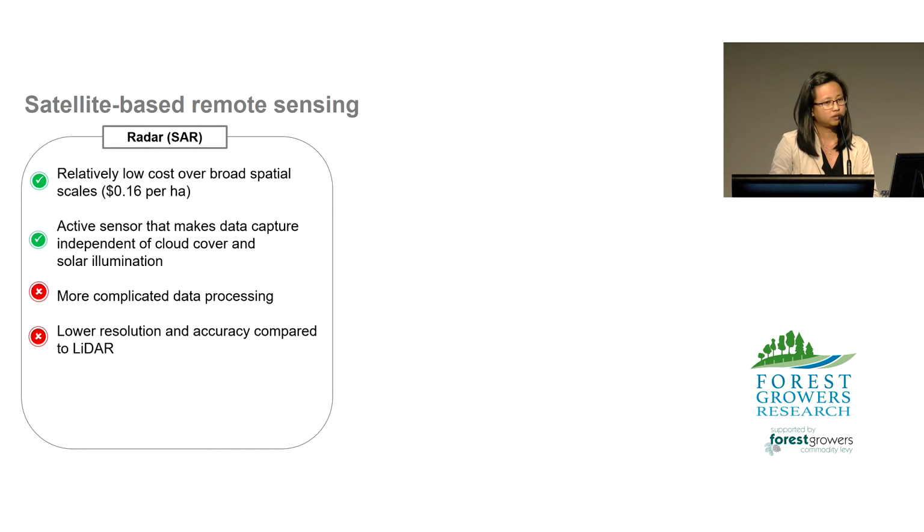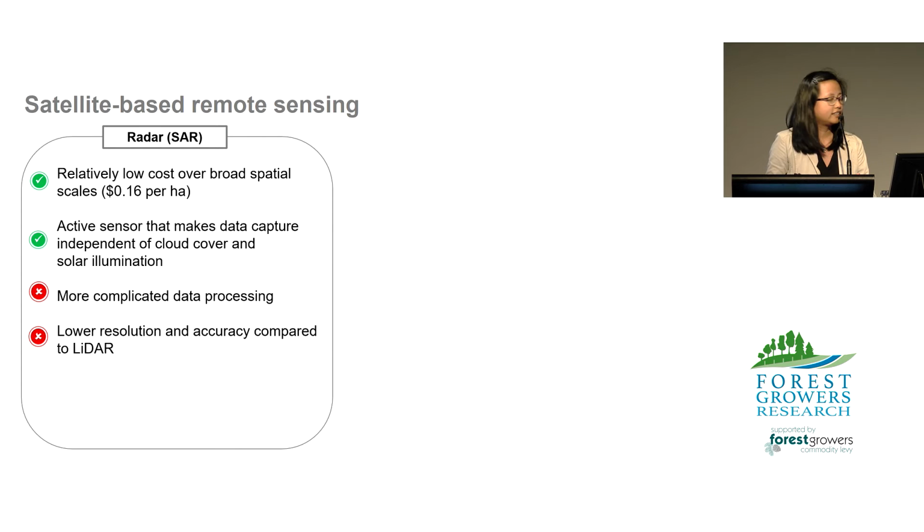There are different alternatives to LIDAR, and I will discuss two of them, and both are satellite-based remote sensing techniques. The first one is radar, and when I say radar, I am particularly talking about synthetic aperture radar.